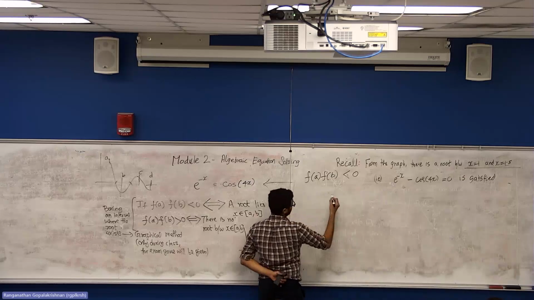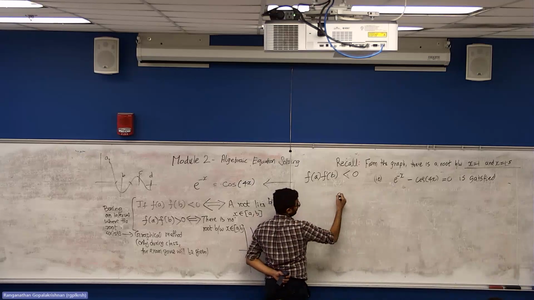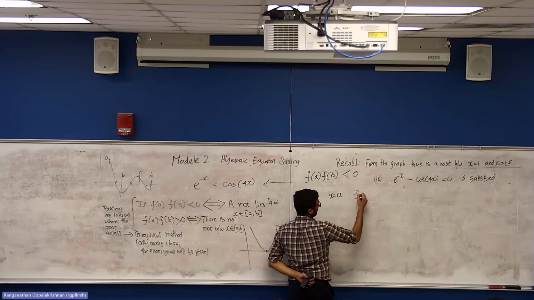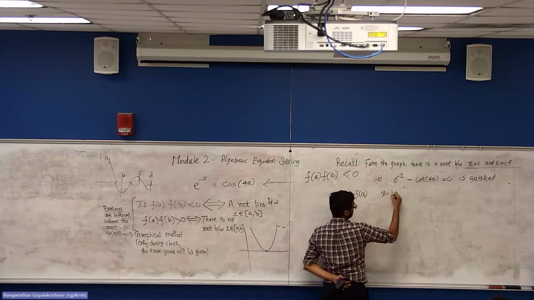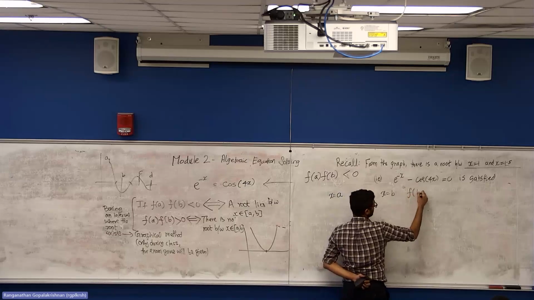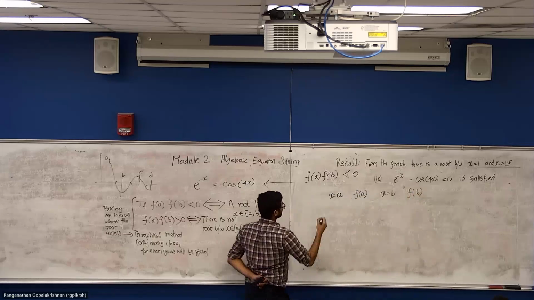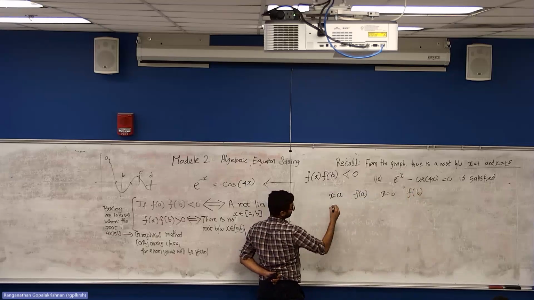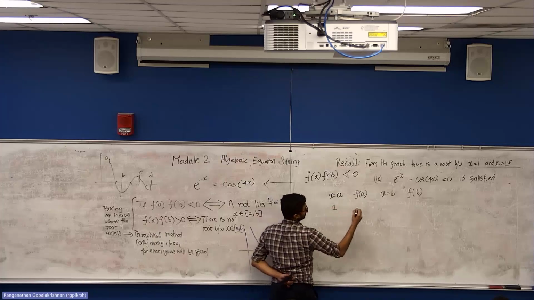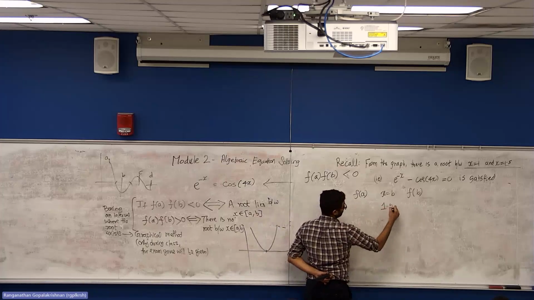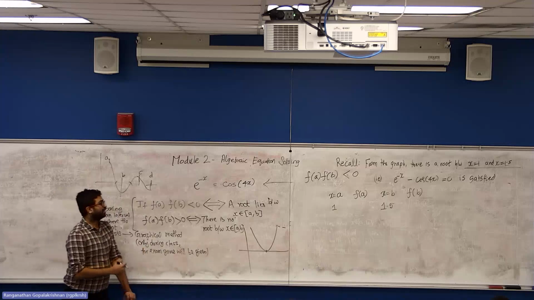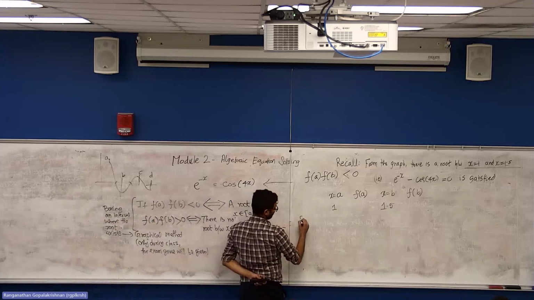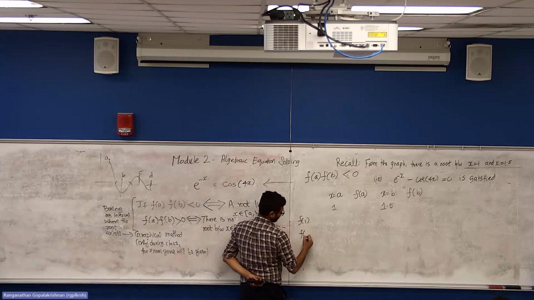All right, we'll write the value of x equal to a and the value of the function at x equal to a, x equal to b, and the value of the function at x equal to b. So in our first guess, a equal to 1, b equal to 1.5. Can you please compute what is f of 1 and what is f of 1.5?